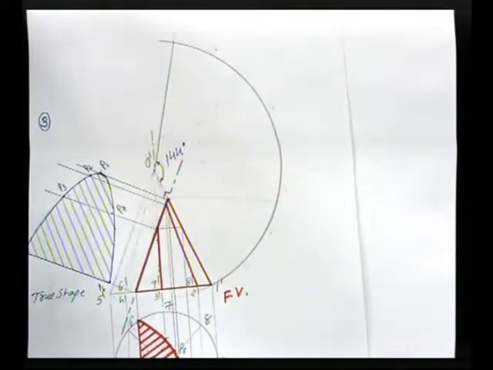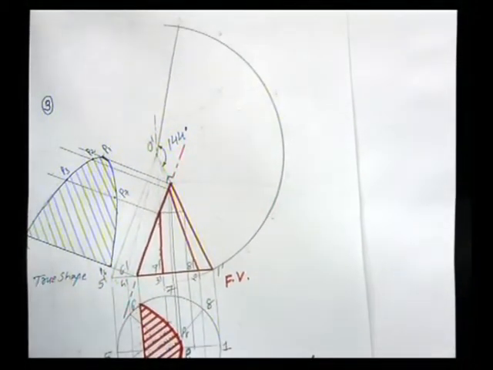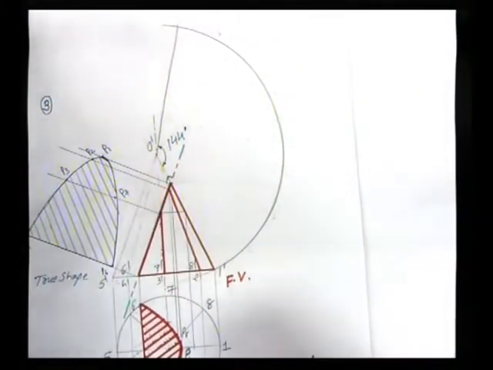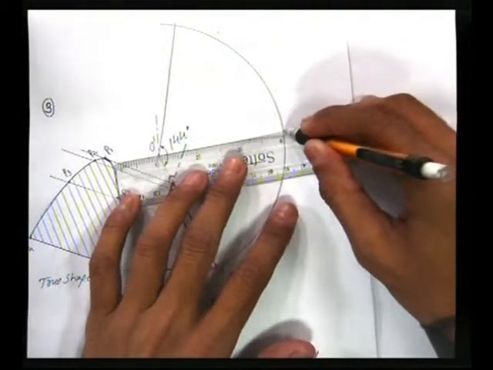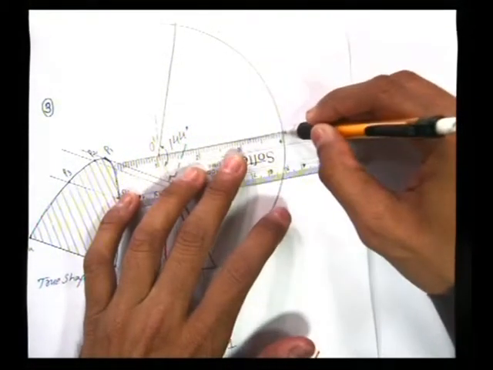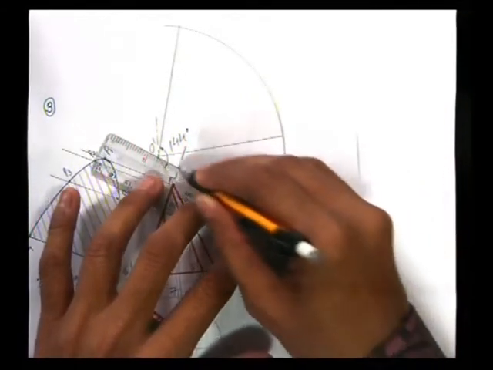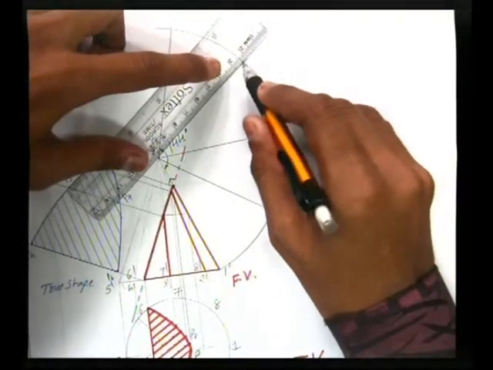Draw an arc and divide this circle, which we divided earlier into 8 equal parts. Similarly, divide this angle into 8 equal parts by any method, by the angle division method or by marking the angles like this. First divide into 2 equal parts, again divide each segment into 2 equal parts.